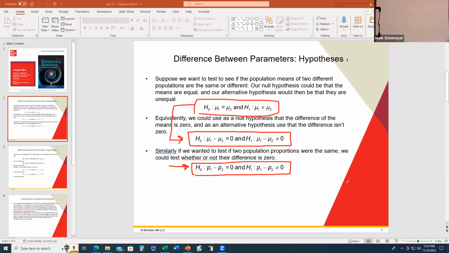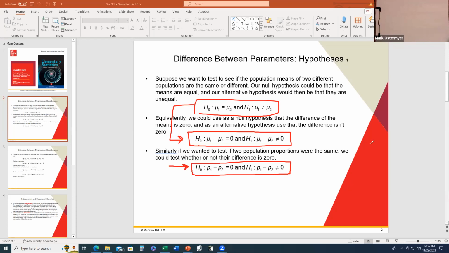And this order of subtraction really doesn't matter when you're conducting a two-tailed test, because you have two rejection regions, one in the lower and one in the upper tail of the normal distribution. So it doesn't matter if you get a test statistic that is positive or negative.